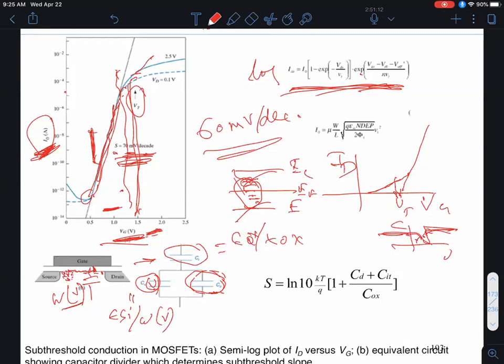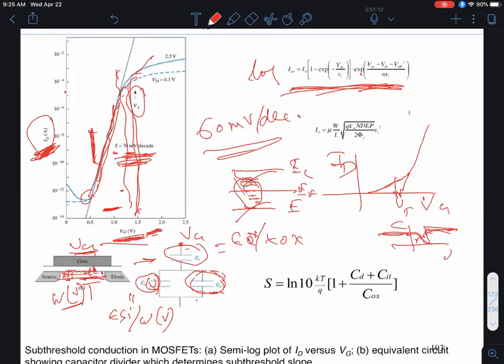Once I have this equivalent circuit, let's see what the impact of a gate voltage would be. I'm applying a gate voltage over here, at this node, and I want to see how the drain current changes as a function of this gate voltage. If you stop to think about it, the channel doesn't really care about what the gate voltage is. The channel cares about the voltage at the surface of the semiconductor.